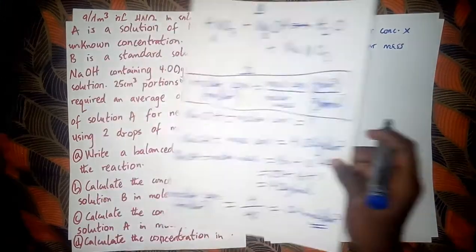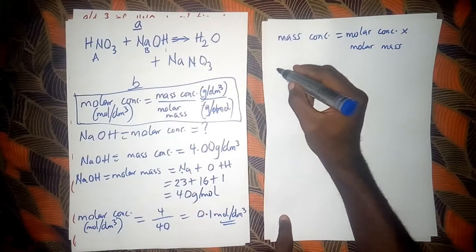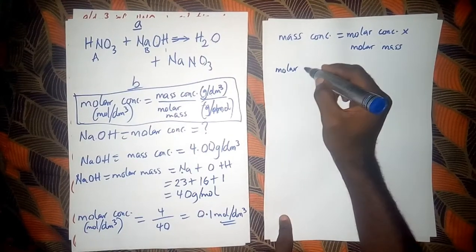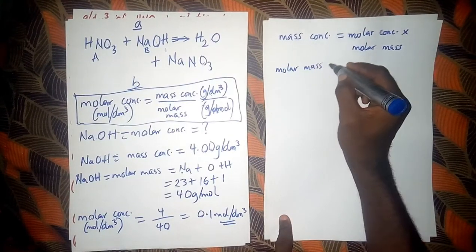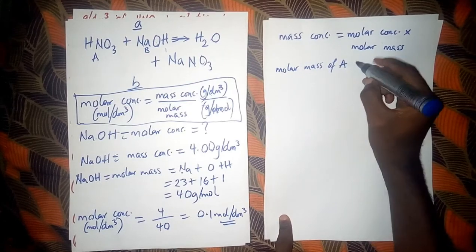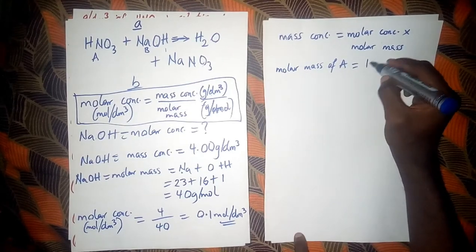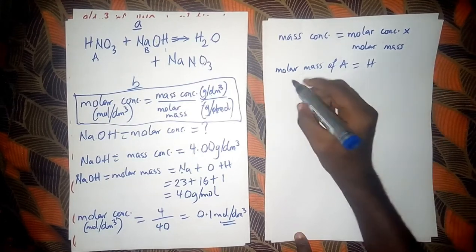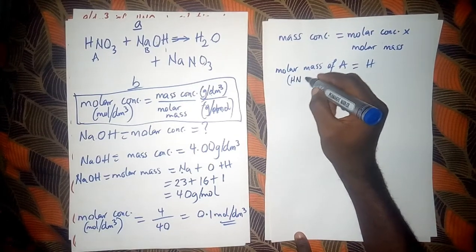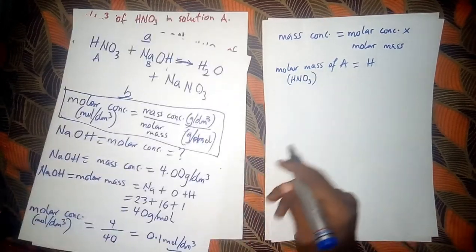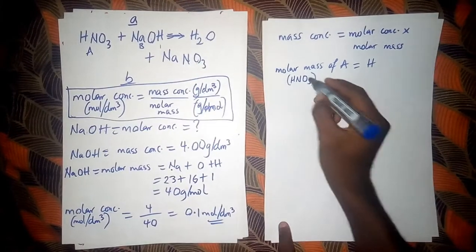So we are looking for the molar mass of HNO3, which is A.